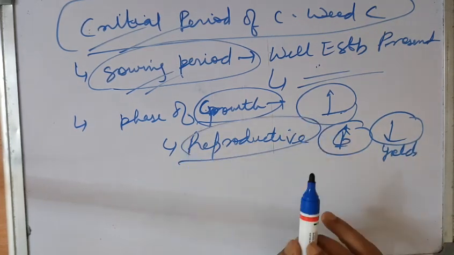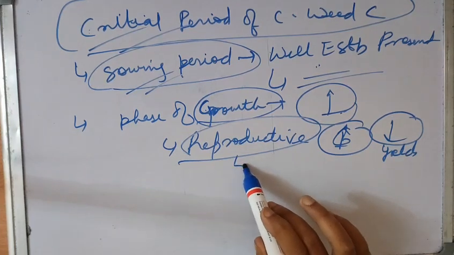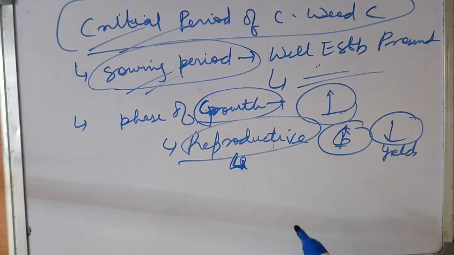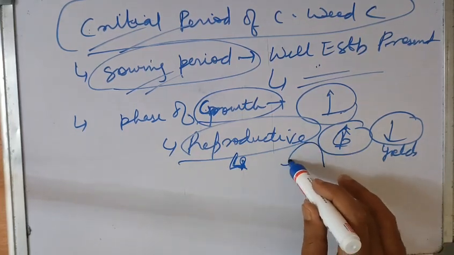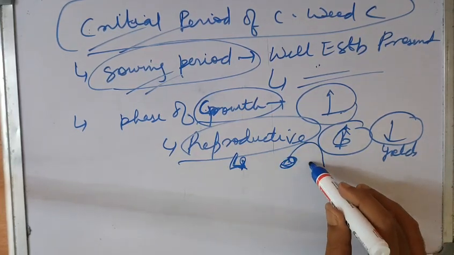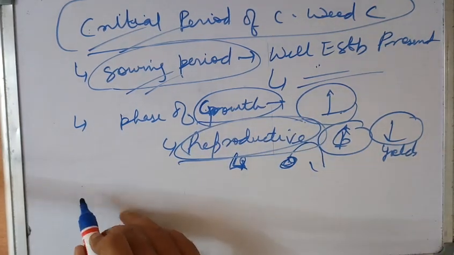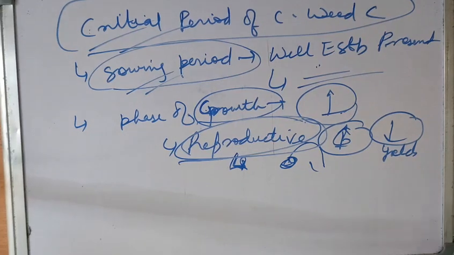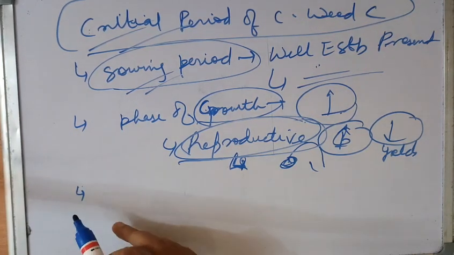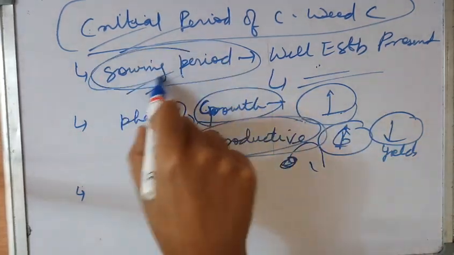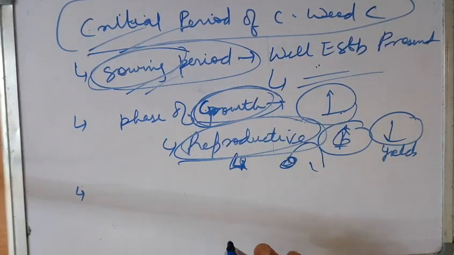Because if the crop is cross-pollinated, then sometimes the pollen grains of weeds also affect the crop. So during the reproductive phase we need to keep our crop free from weeds. The sowing period, growth phase and reproductive phase are very critical phases.